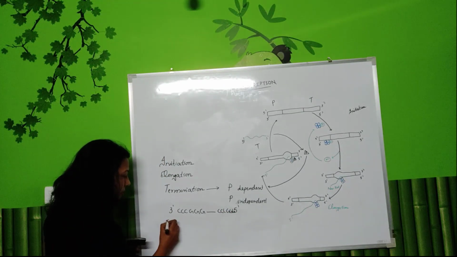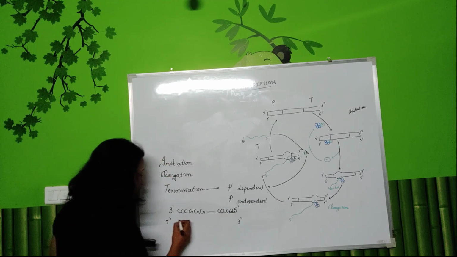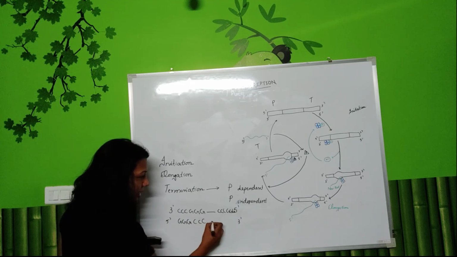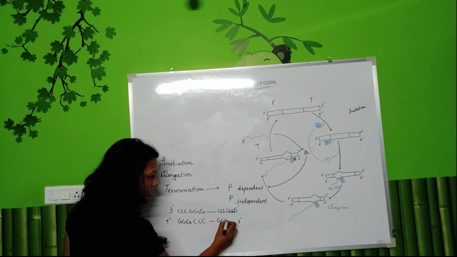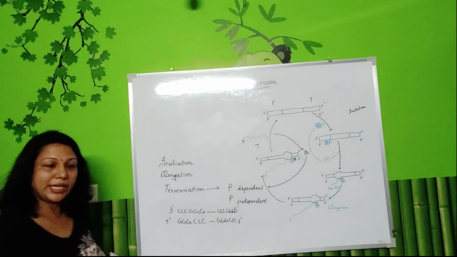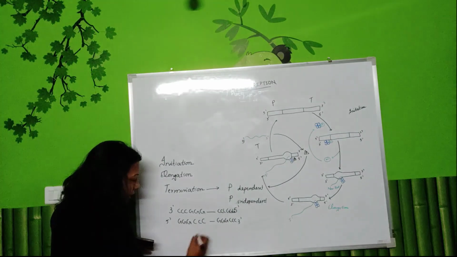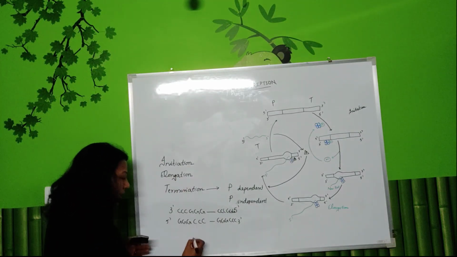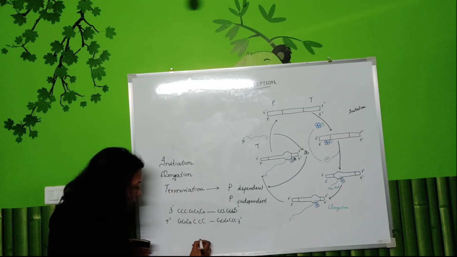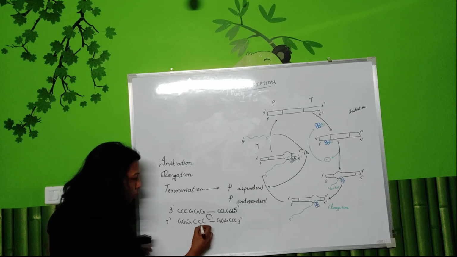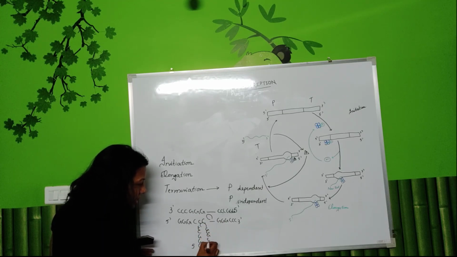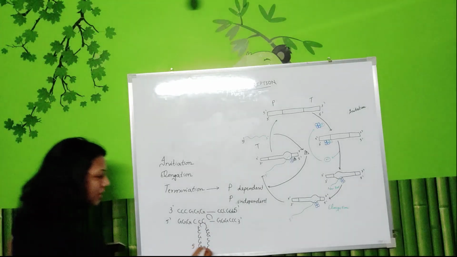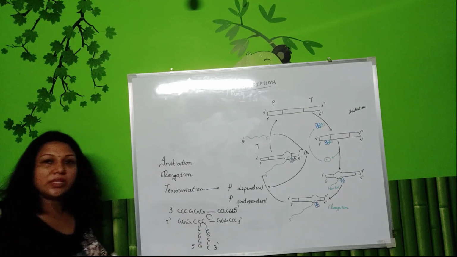Opposite to this, I am going to create an mRNA in the 5' to 3' direction. So it will be G, G, G, C, C, C, G, G, G, C, C, C. Now, when I am writing this mRNA, just imagine G, G, G, C, C, C. This part will loop out, a loop will be formed, and here G, G, G, C, C, C will come. This is the 3' direction.